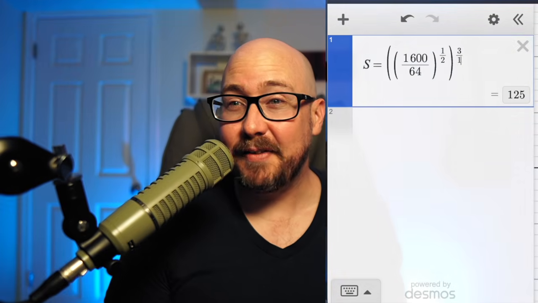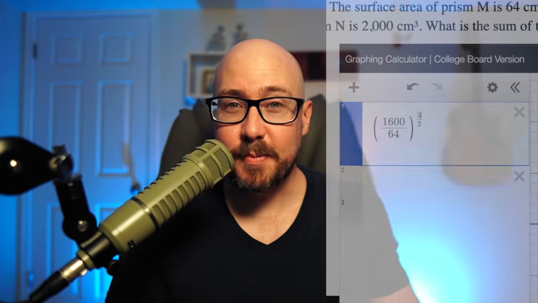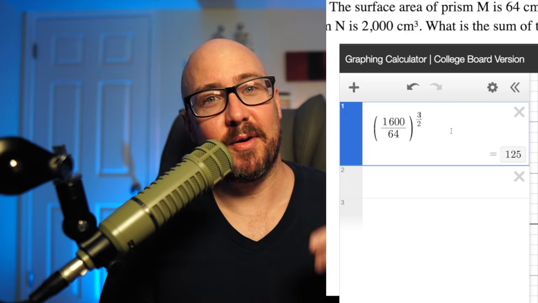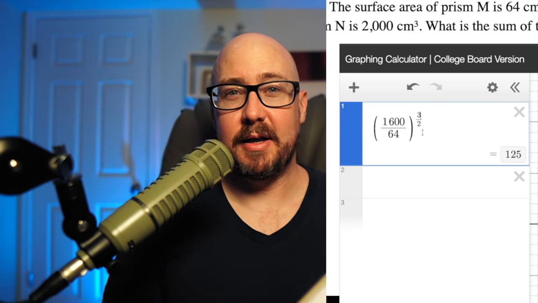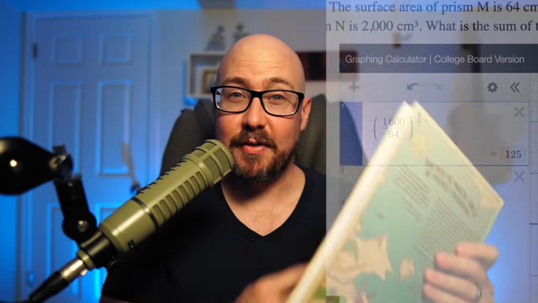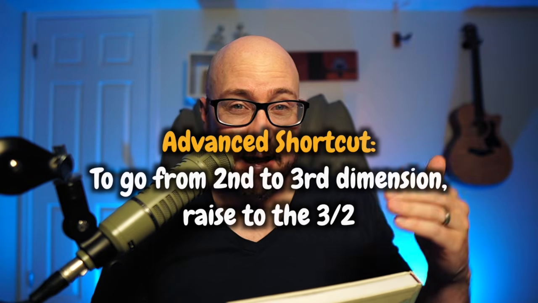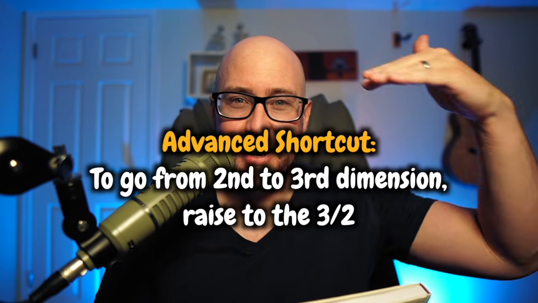So if we combine these two operations together, we get 1/2 times 3/1, which makes 3/2. So if you wanted to use the shortcut, once you get comfortable with it, going from the second dimension to the third dimension, you simply take that scale factor and raise it to the 3/2.